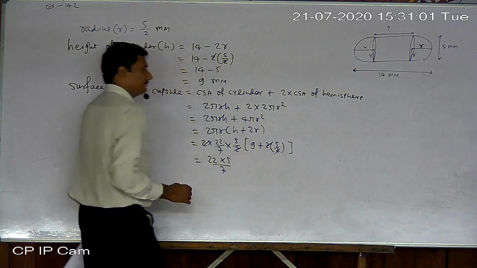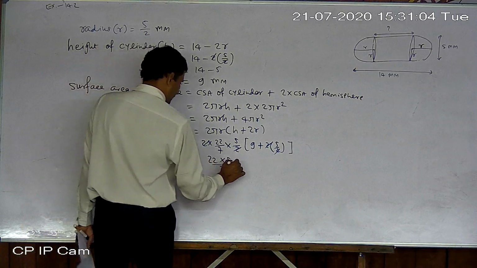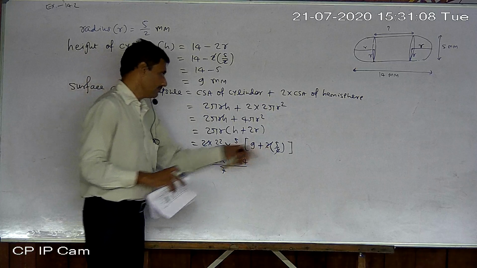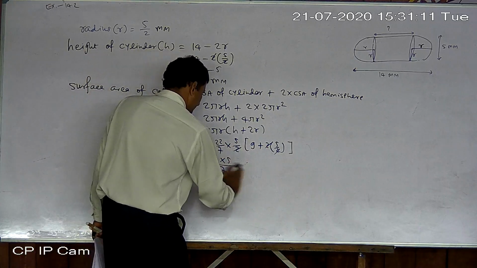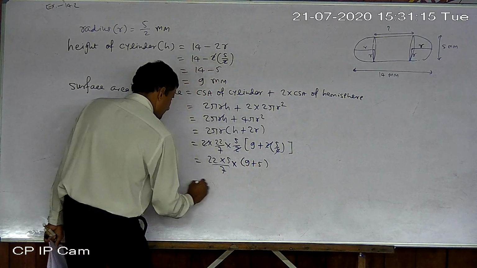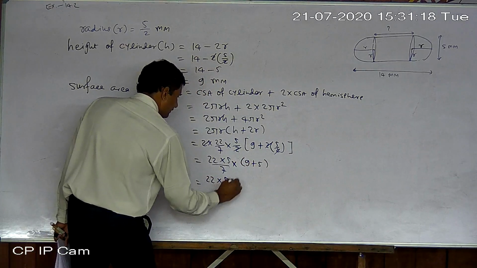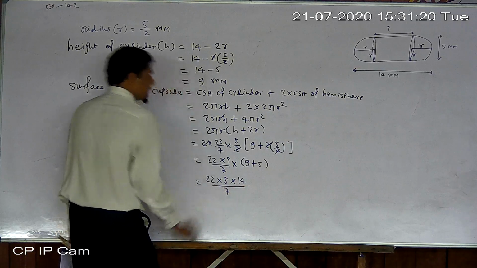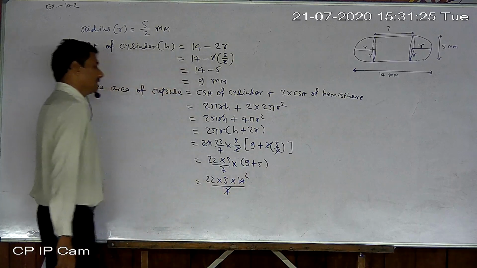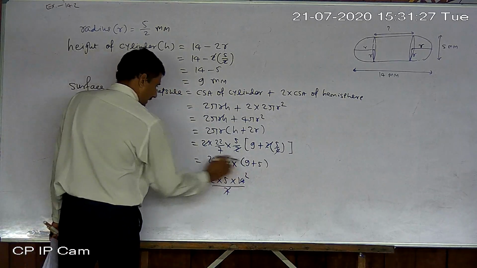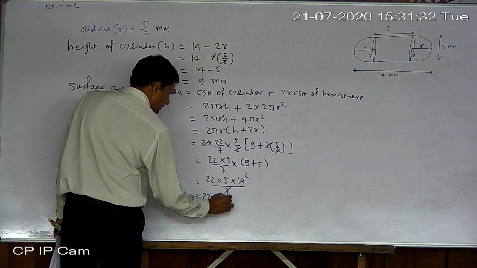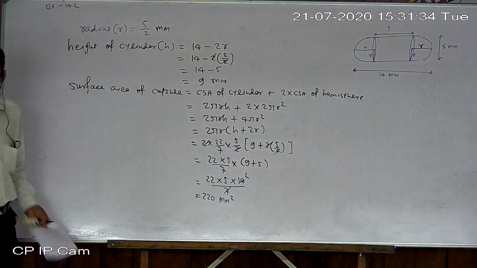The 2 cancels. 9 plus 5, okay, otherwise do one step extra, 9 plus 5 is 14. So it becomes 22 into 5 into 14 upon 7. So 7 goes into 14, now 5 into 2 is 10, and 10 into 22 is 220 millimeter square. That is your answer.